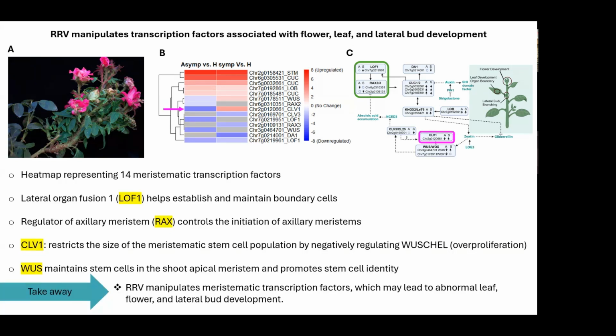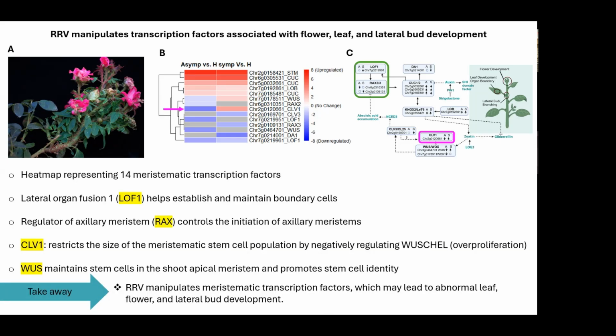Then there was one most interesting transcription factor, which is CLAVATA1. So CLAVATA1 was upregulated in symptomatic and downregulated in asymptomatic. And the work of CLAVATA is to restrict the size of the meristematic cell population by negatively regulating WUSCHEL, and the work of WUSCHEL is proliferation.